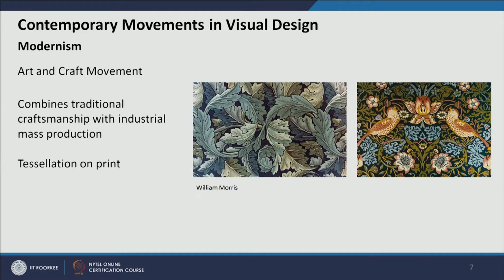They take the benefits and the positive side of industrial mass production for faster production to increase the production rate, and also incorporate the craftsmanship and the aesthetic quality and the visual language of the craft artisans and the traditional form.